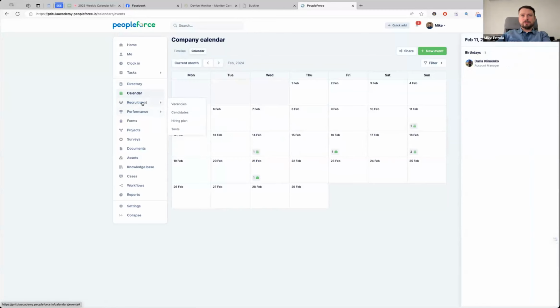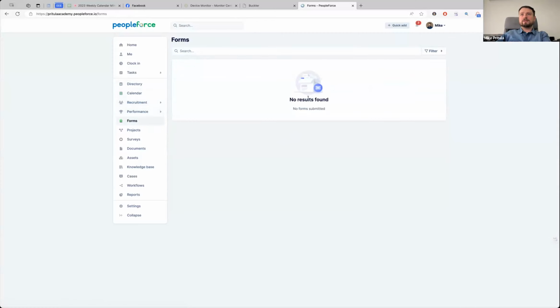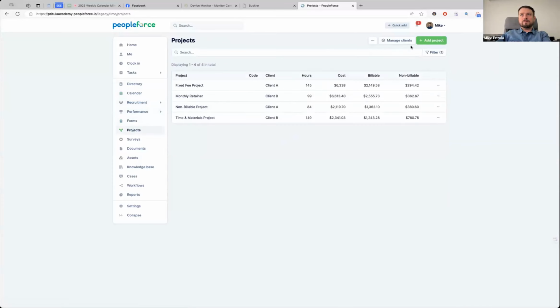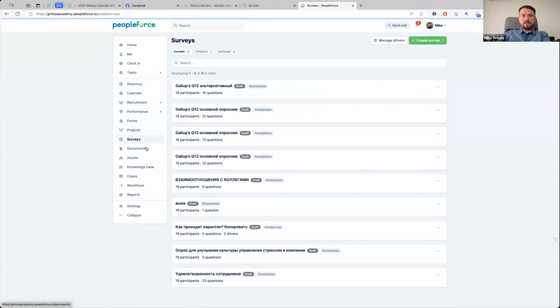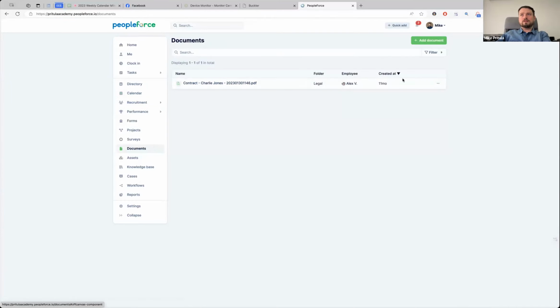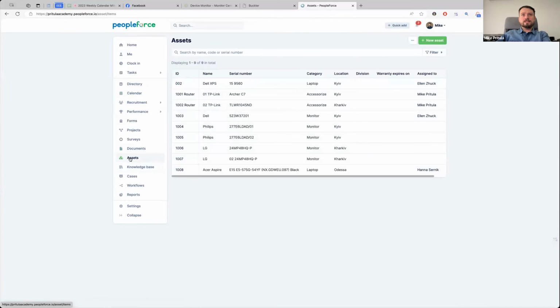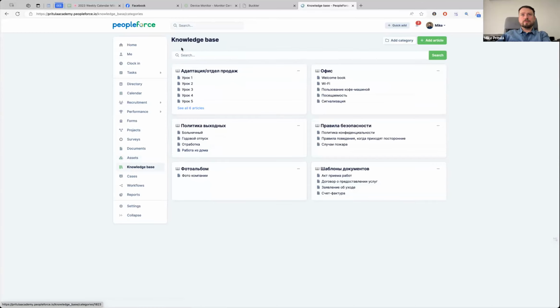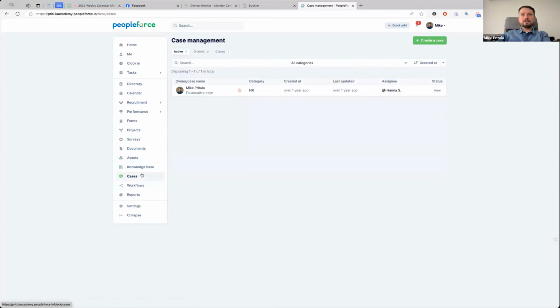I'm skipping recruitment and performance because it's not about the core HR. Then we have forms. We may create different forms. Projects. We may work with projects. Surveys, another topic. Documents. We can create documents. Assets, right? So we may assign assets to employees. Then we have the knowledge base. So we may add some information, even some courses. Then we have cases.